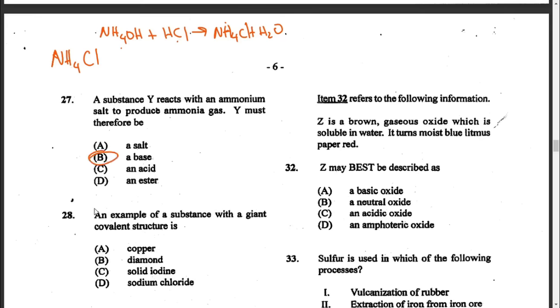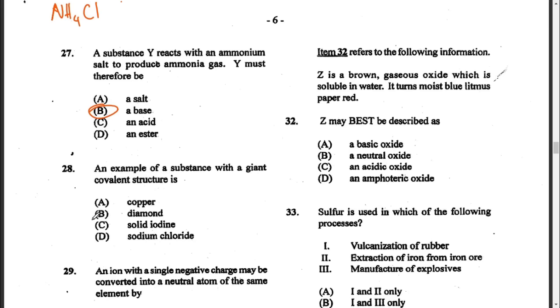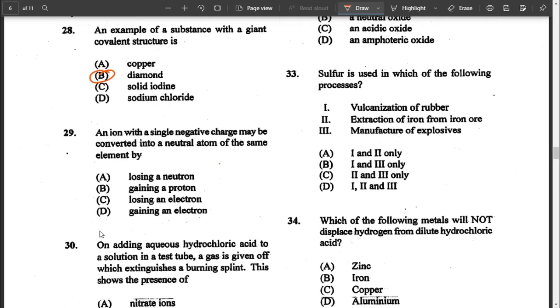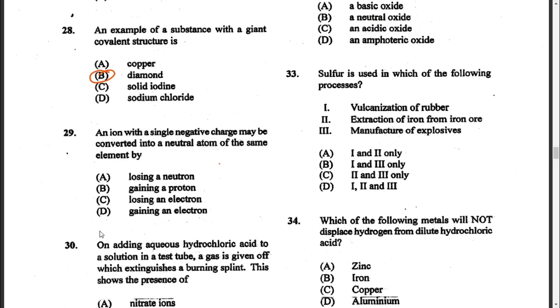28. An example of a substance with a giant covalent structure is diamond. 29. An ion with a single negative charge may be converted into a neutral atom of the same element by... let us use the chloride ion as an example to form the chlorine atom.